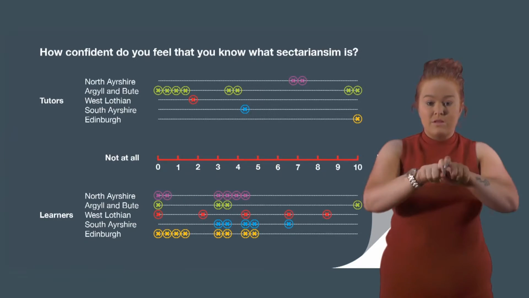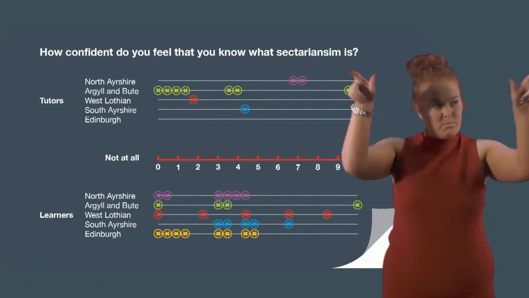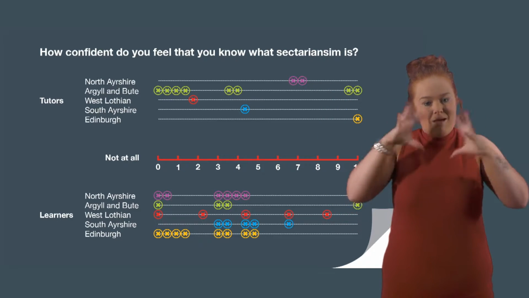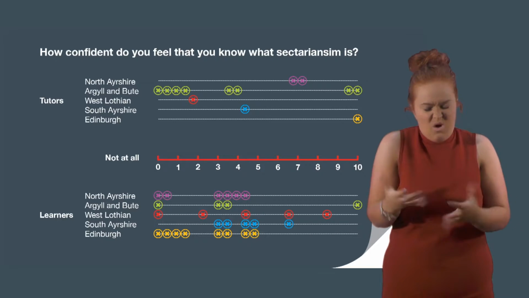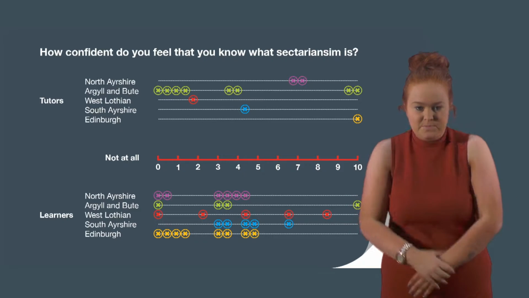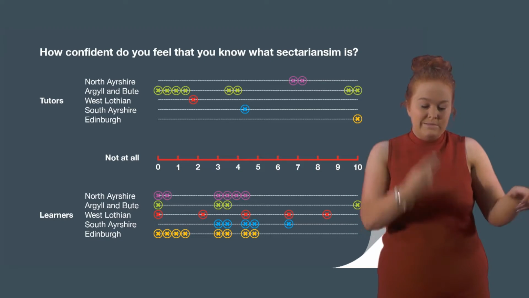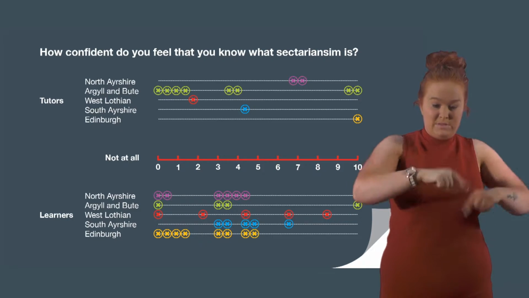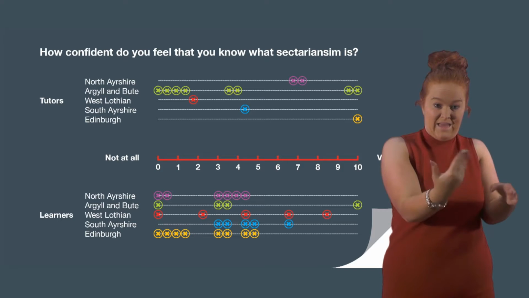In the graph, you'll see there's a red line, and this red line represents the continuum that learners and tutors would stand on when they're answering the questions. The question is at the top, and at either end of the red line you can see the extreme ends of the continuum. So sectarianism affects everything in my life, or sectarianism affects nothing in my life.